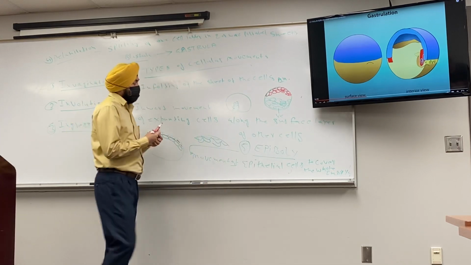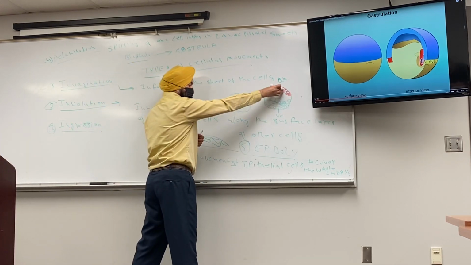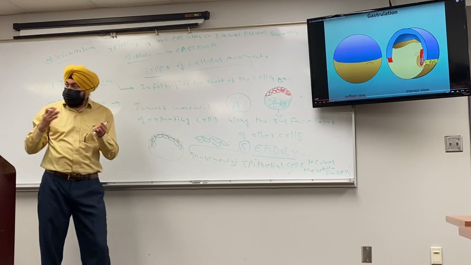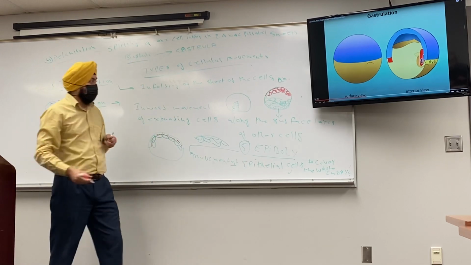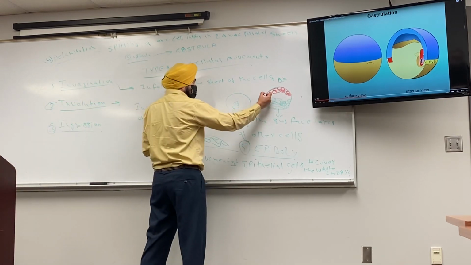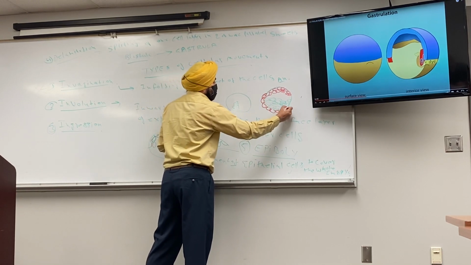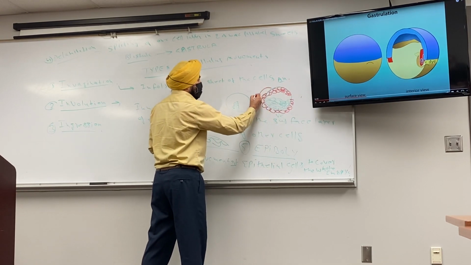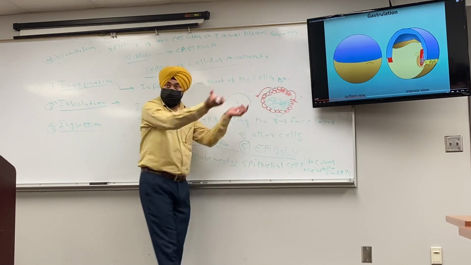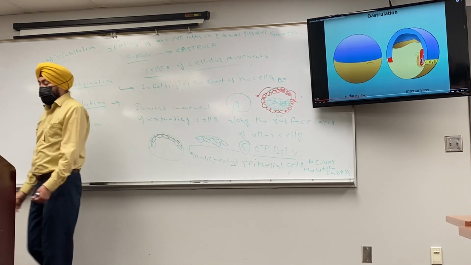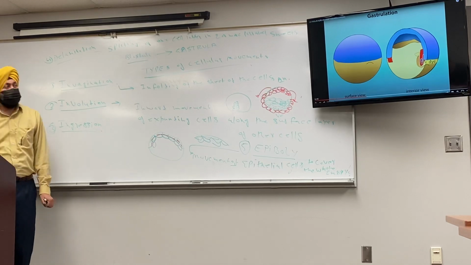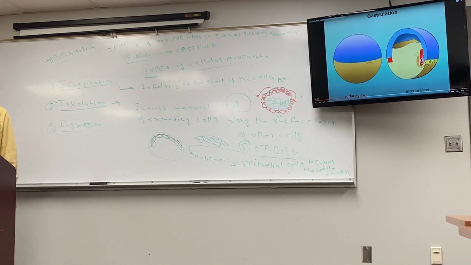So what happened? These cells which are there are going to be epithelial cells, these are ectodermal cells. These cells start migrating down like this, and they essentially cover the whole embryo. That is called epiboly. So we are saying that gastrulation involves 5 different types of movement of the cells.